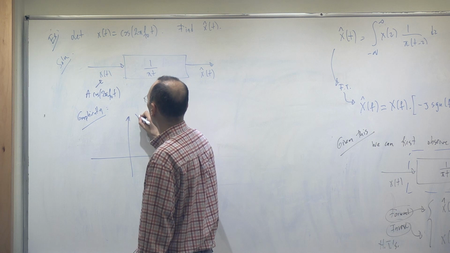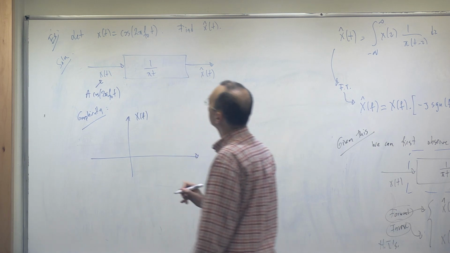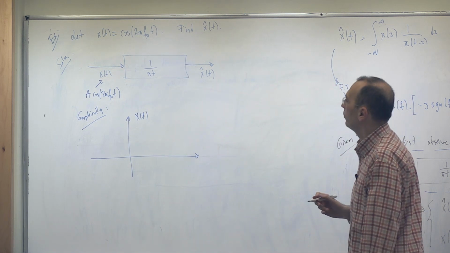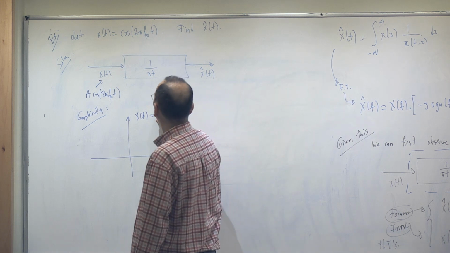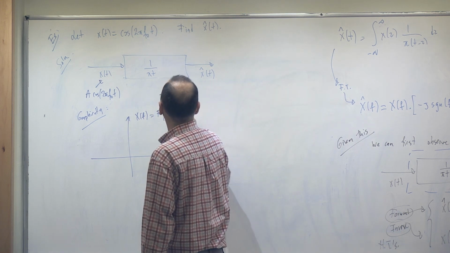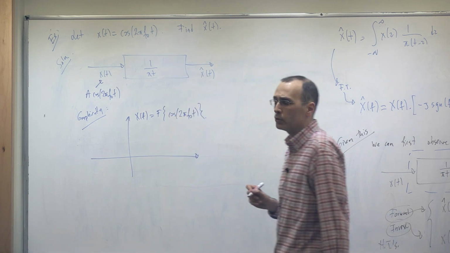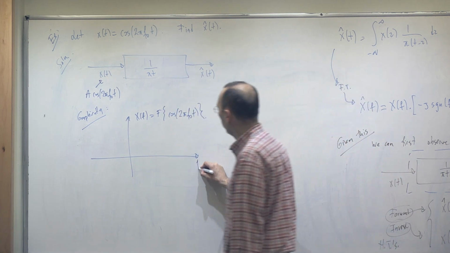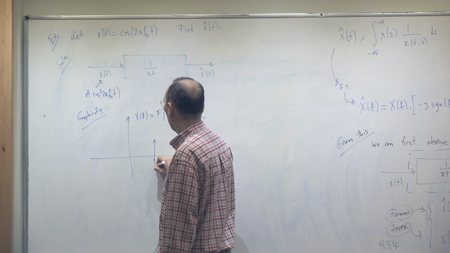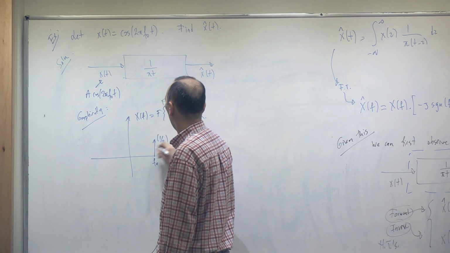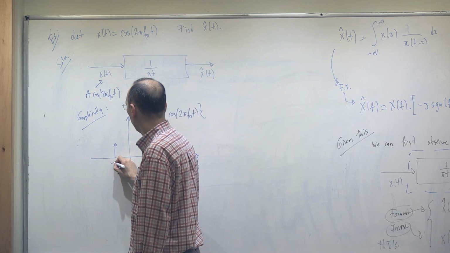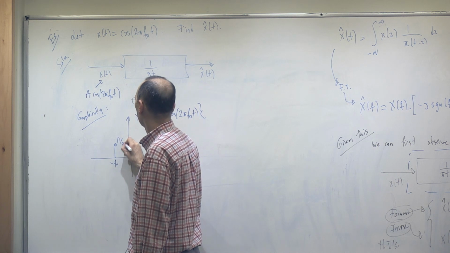Can I sketch X of f? This shouldn't be very complicated. This is the Fourier transform of cosine 2 pi f naught t. So what do we expect? This is the frequency. Now I have f naught with 1 over 2, and minus f naught with 1 over 2.